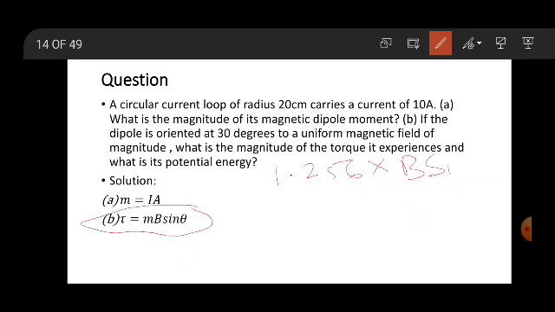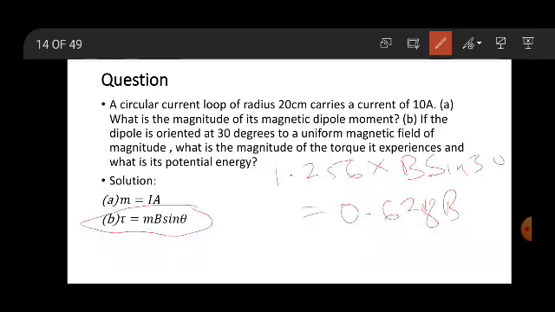Sine theta here means sine 30 degrees. Which if we multiply, we're going to get 1.256 multiplied by sine 30. Okay, that's giving us 0.628. So our answer here will be 0.628 B.